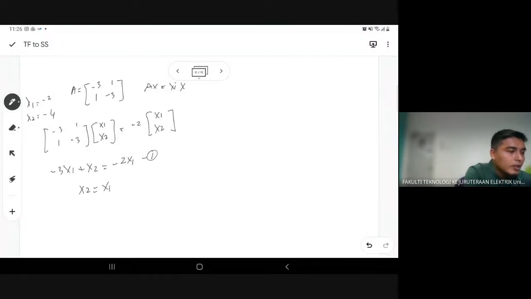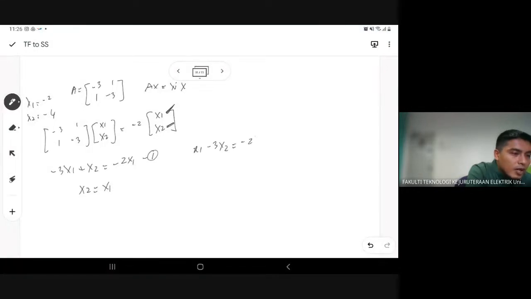Then for the second equation, x1 minus 3 x2 equal to -2 x2, and we solve it, x1 also equal to x2.